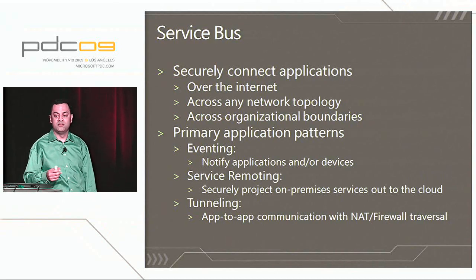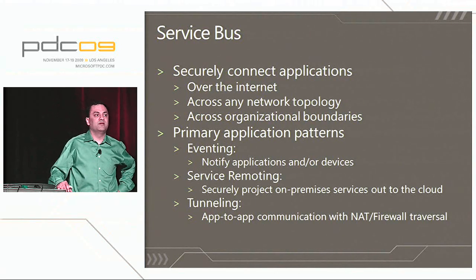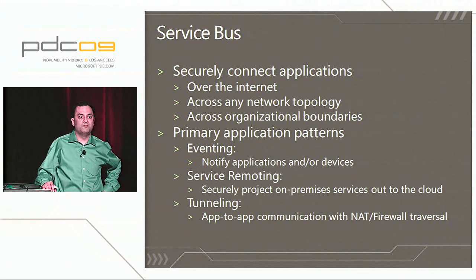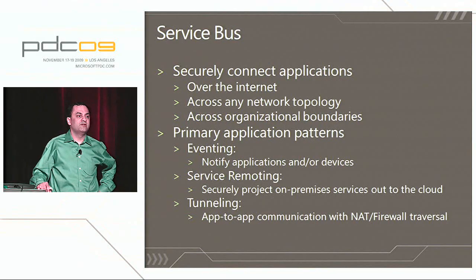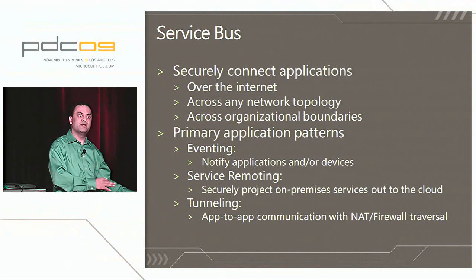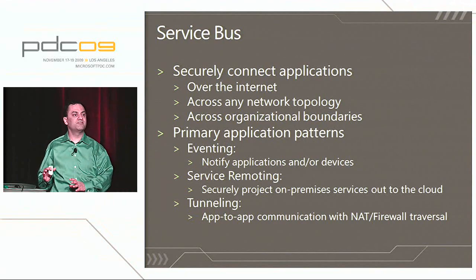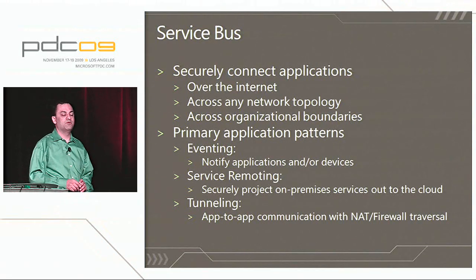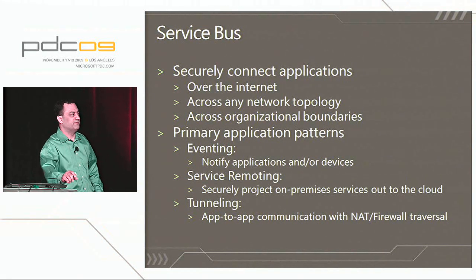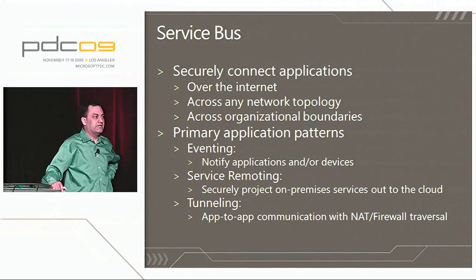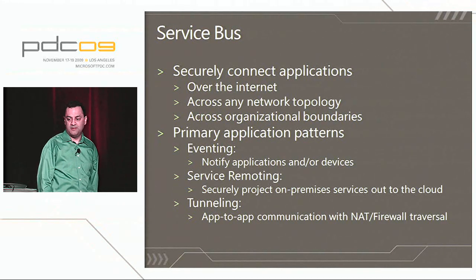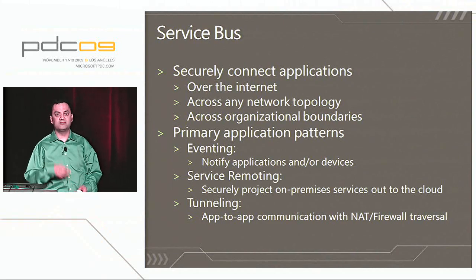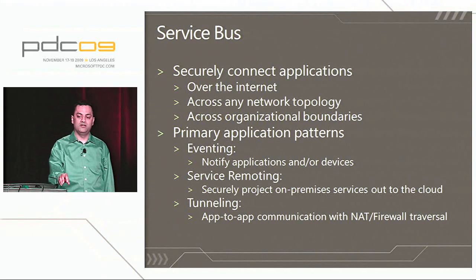That's a common paradigm we expect people to follow, because there are many scenarios where you want part of your application in the cloud, but other parts you very much want to keep on-premise in a different environment. And finally, tunneling is just straight app-to-app communication. So that's the mental model you should have for service bus.